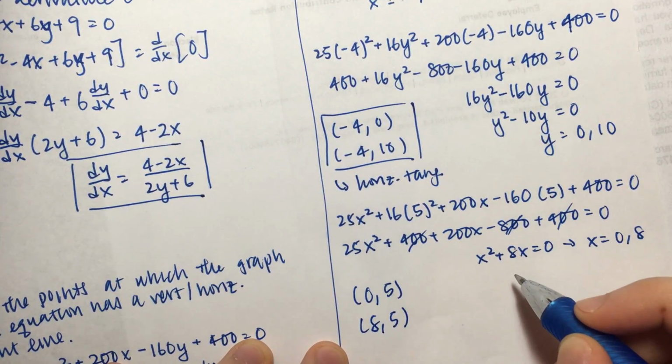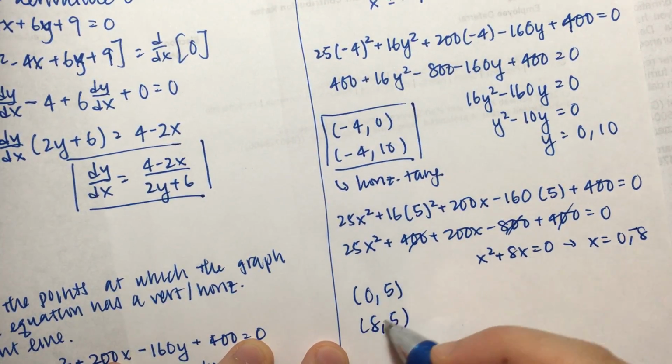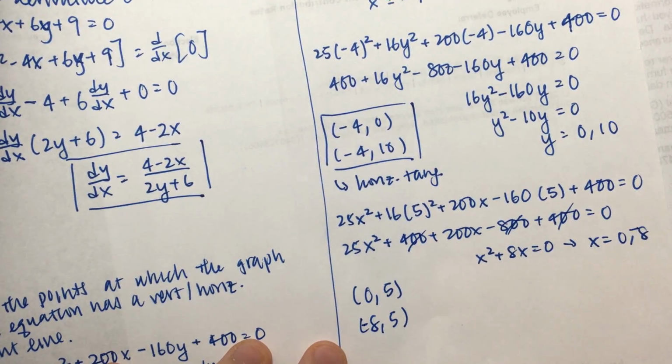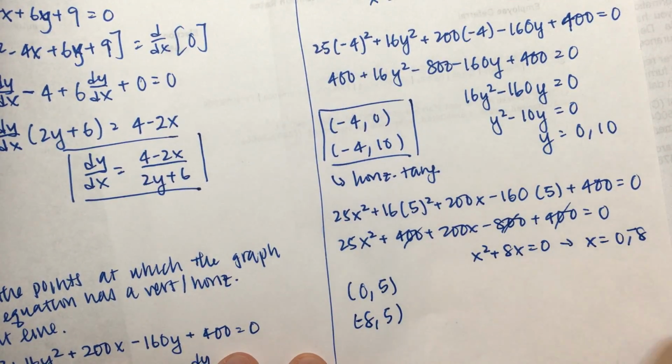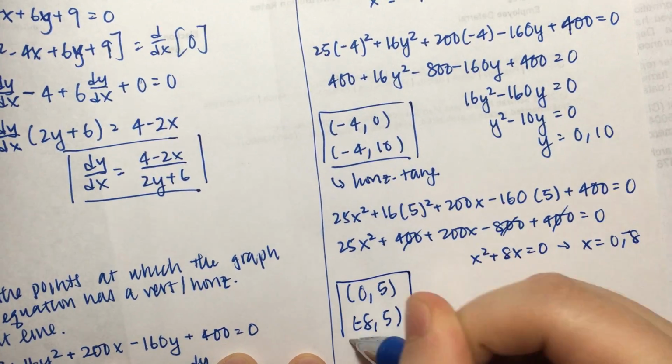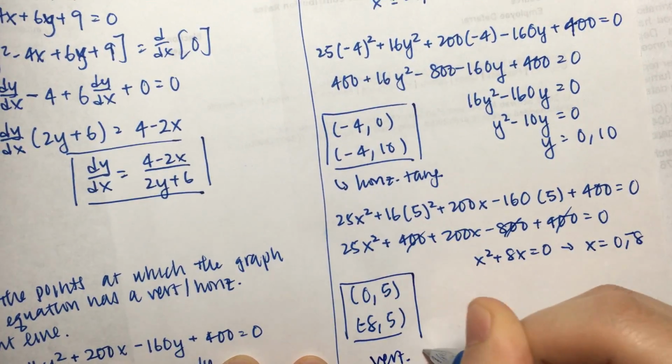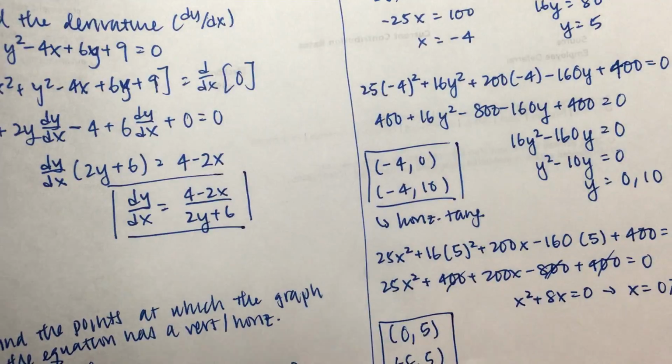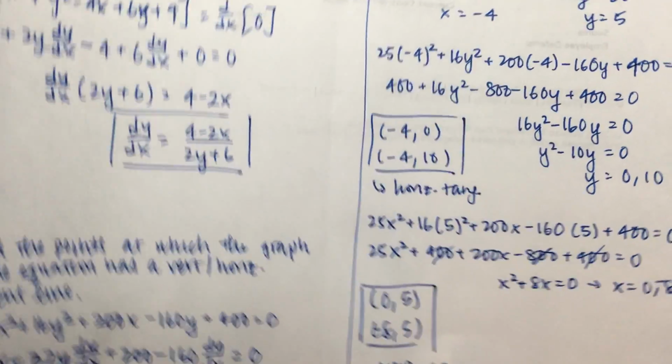Oh, this is -8. Sorry. Okay, this is the vertical tangent, and I ran out of space, so I'm going to put this aside.